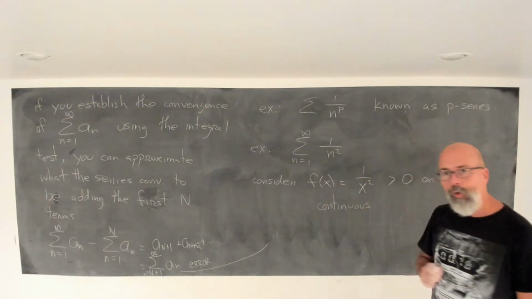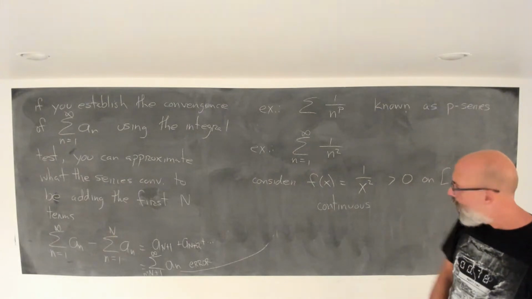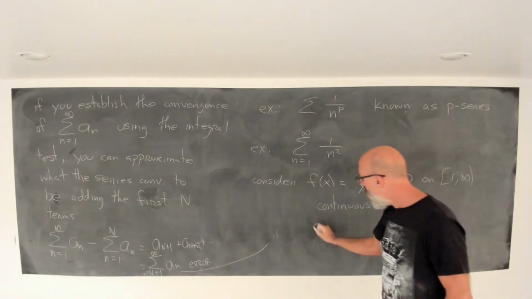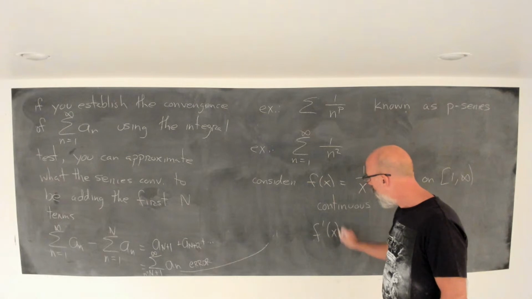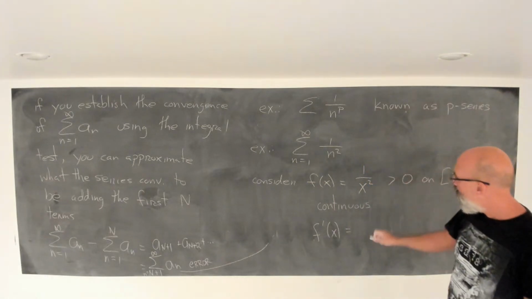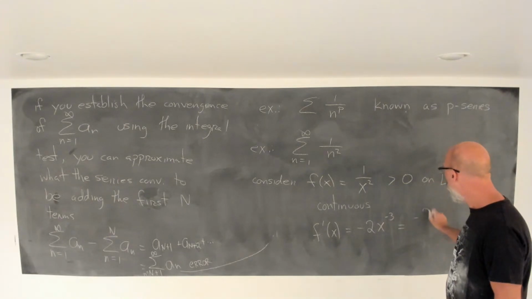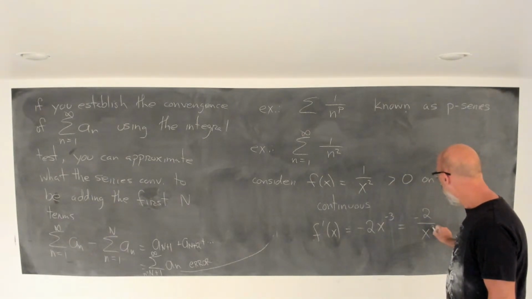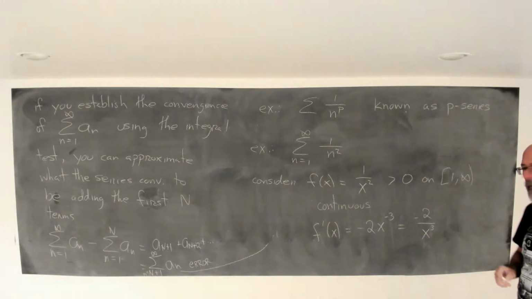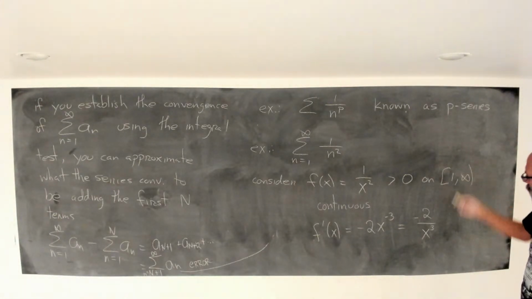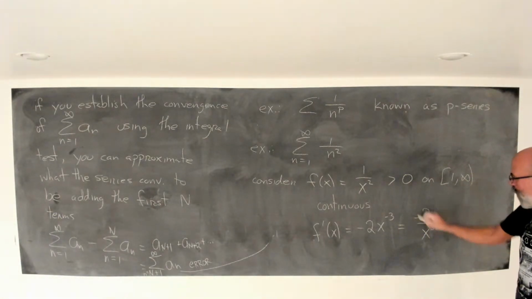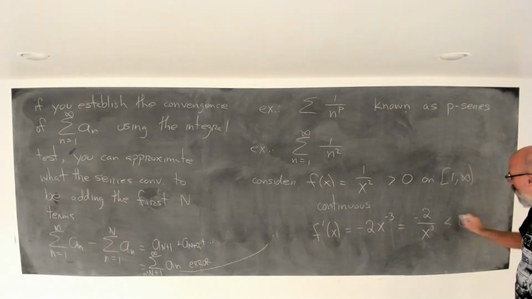We also want to prove that it's decreasing. How are we going to prove that? If you take the derivative, which is negative 2x to the negative 3, on the interval 1 to infinity, the denominator is positive, the numerator is negative, so the whole thing is negative.